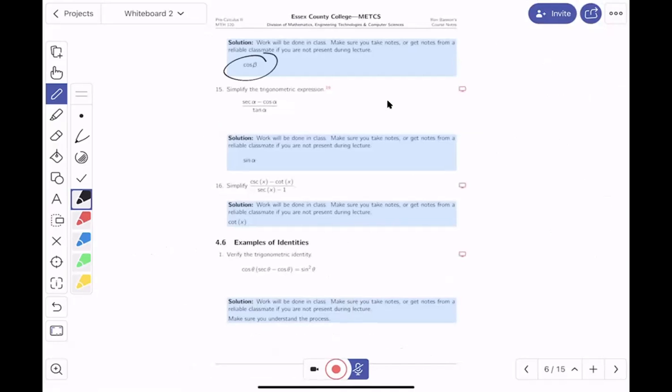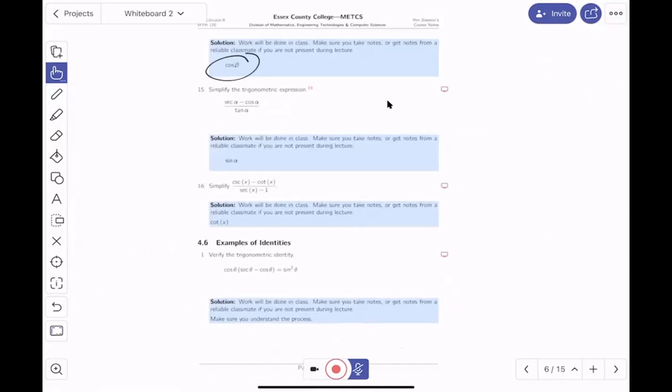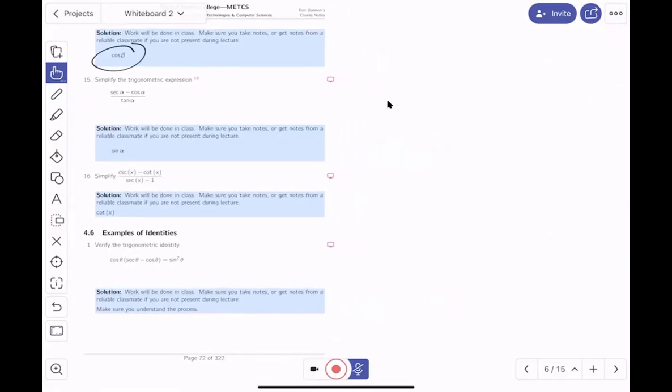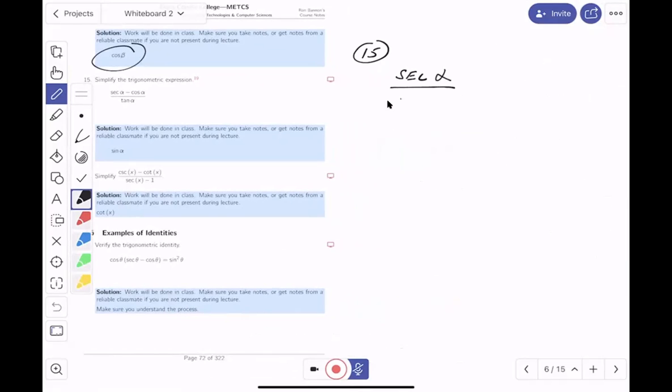Let's do number 15. And certainly want to encourage you to work on these problems, but more importantly, to do them independently of me. All right, but here's the deal, 15. And I'm going to write it as two terms. Secant alpha, that's the Greek letter alpha, over the tangent of alpha minus cosine of alpha over the tangent of alpha.